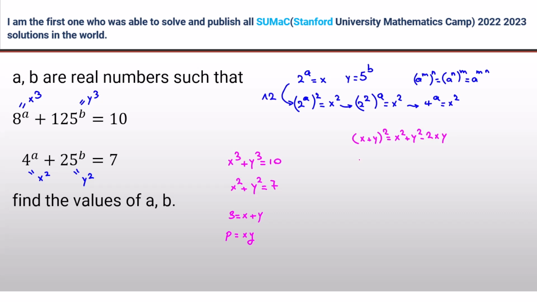And for the next one, x plus y cubed, by the binomial theorem, and for power of n, we have a general rule: x cubed plus y cubed plus 3xy times x plus y. Now, for the first one, x cubed plus y cubed. And for this one, let's use this one. x squared plus y squared is what? x plus y is s.